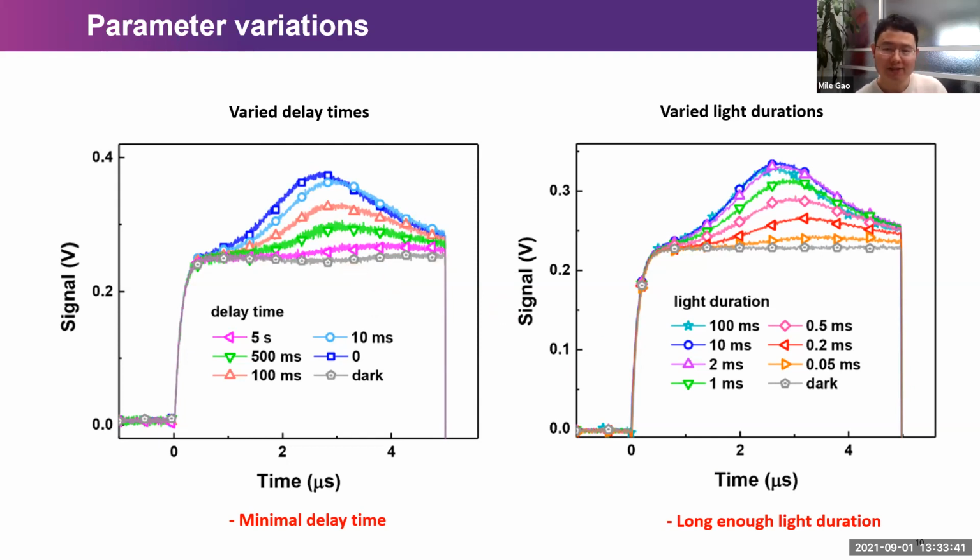So for Photo-MIS-CELIV, we should ensure that the delay time is minimized to increase the signal intensity for ease of analysis. For varied light durations, the transient signal increased up to a light duration of around 2 milliseconds, and then it became saturated.